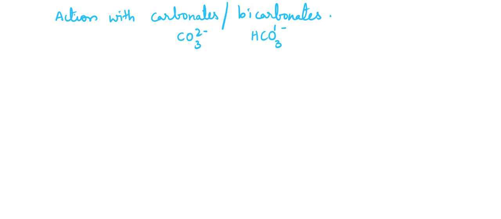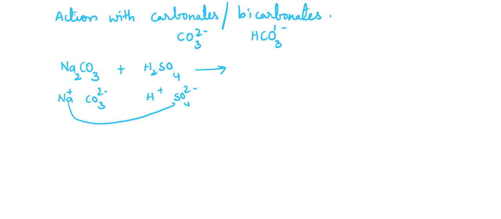Take sodium carbonate, Na2CO3, plus dilute sulfuric acid. So which type of reaction? Double displacement reaction. Now try to write the ions of these. Sodium 1 plus, CO3 2 minus, H plus, SO4 2 minus. The positive ion of this compound combines with negative ion of another compound. Now write the formula. Crisscross the valencies and write.